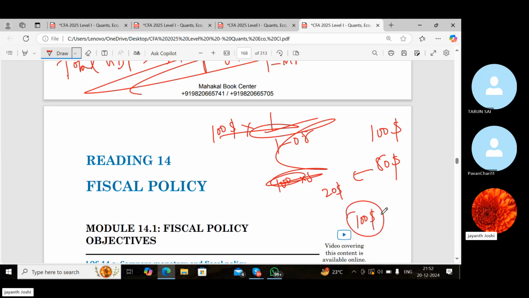That will automatically happen. So for a $1 increase in spending and a $1 increase in taxes, the GDP also increases by $1. This is the balanced budget multiplier concept. Now let's move forward and see the example given in the textbook.